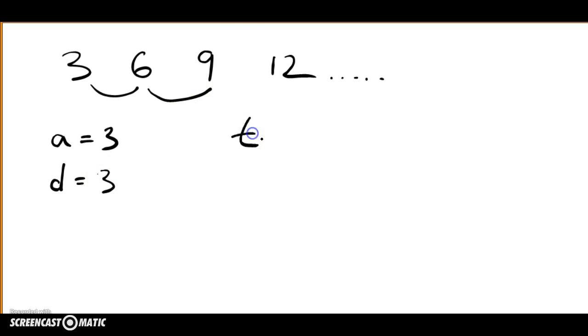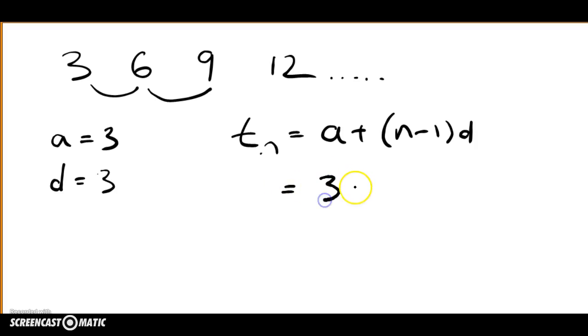So if I write the general equation, the equation is Tn equals a plus n minus 1 times d. a is 3, plus n minus 1 times 3.